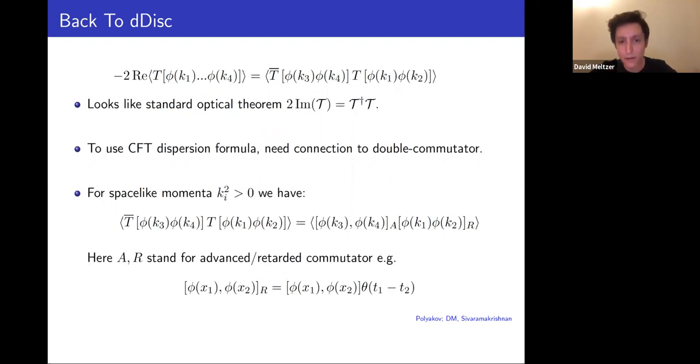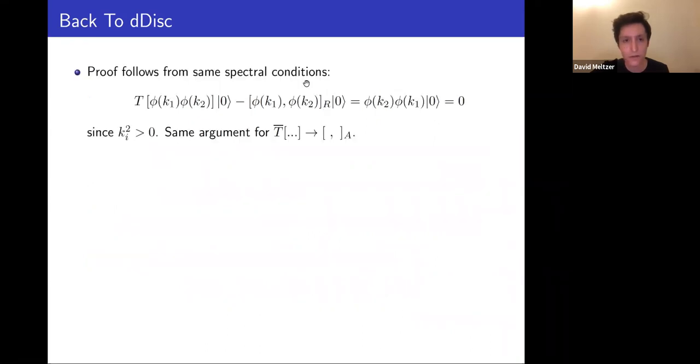if all my momenta are space-like, this partially time-ordered correlator is equal to a causal double commutator. Here A and R stand for the advanced and retarded boundary conditions. And in position space, it just means I multiply with theta functions. To prove this, the simplest thing to do is to take the difference between these two pairs of operators.